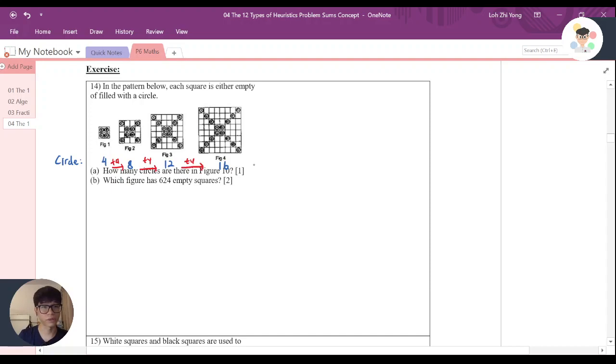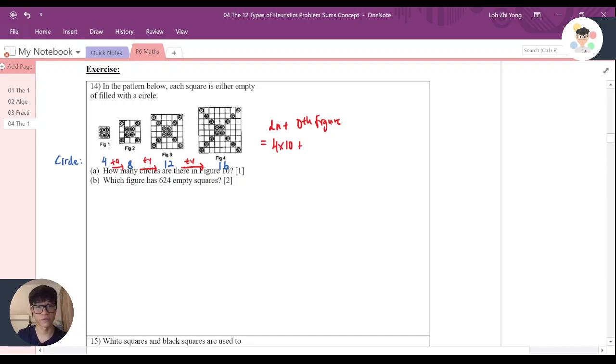So as you know, there will be a formula that we actually have learned, which is actually called dn plus 0 figure. So let's try to use the formula. D is the difference, which is 4. And n basically means the figure number, so I know it's actually 10. dn means d times n, 4 times 10.